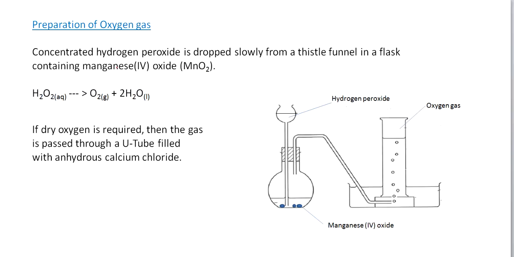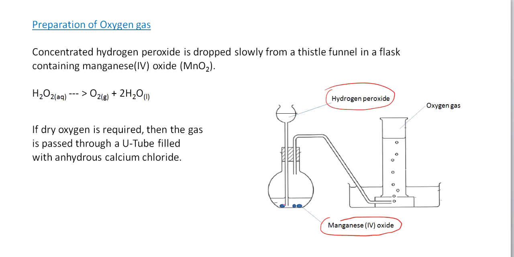Okay, so let's look at the preparation of oxygen gas. You need to be familiar with this diagram and what our reagents are. Concentrated hydrogen peroxide is dropped slowly from a thistle funnel into a flask containing manganese dioxide. So we have hydrogen peroxide in the thistle funnel and we have manganese dioxide in this container here.